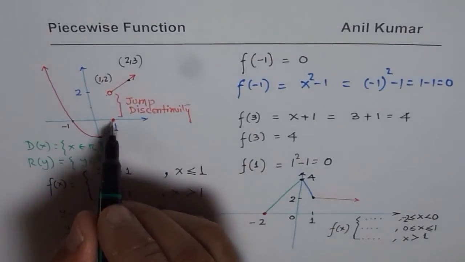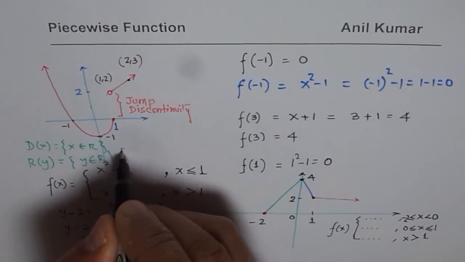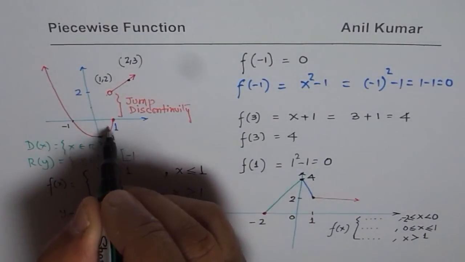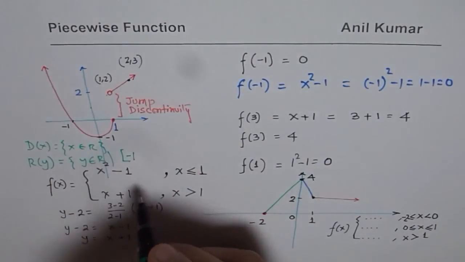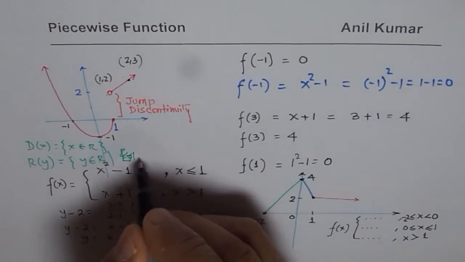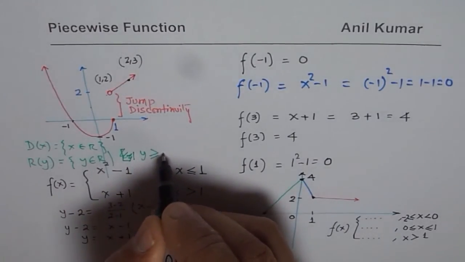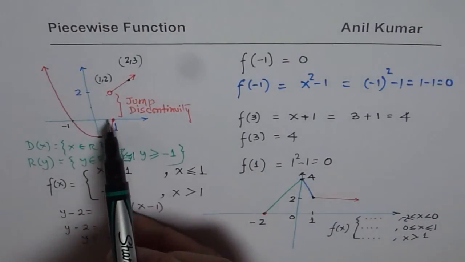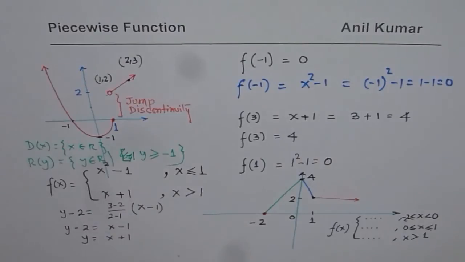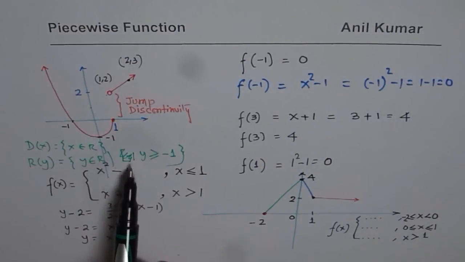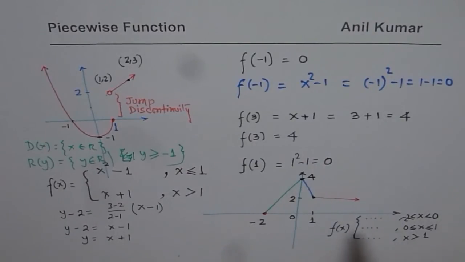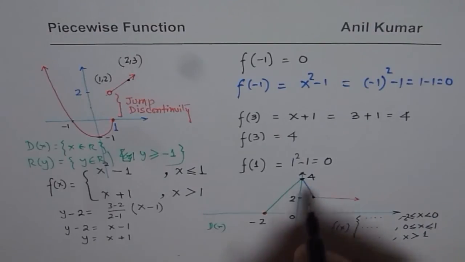Because 0, everything is included, so we can say y is greater than equal to -1. Okay, so that is how we can find range, because this area which is jump discontinuity is covered on the left side, right? So range is y greater than equal to -1, domain is all real numbers for our piecewise function. Similarly, write down domain and range for the other function.